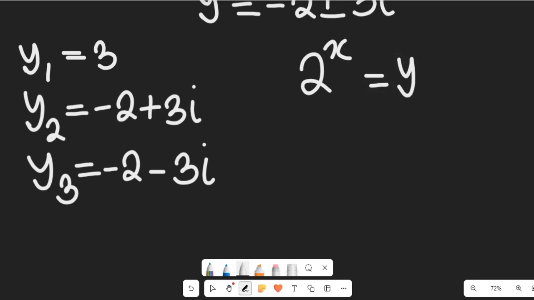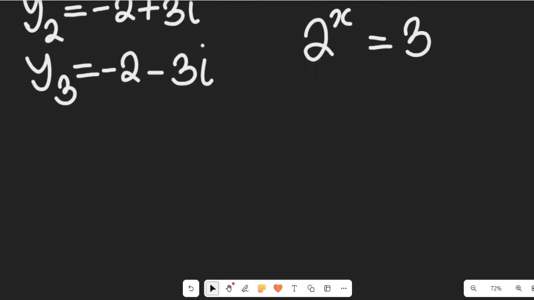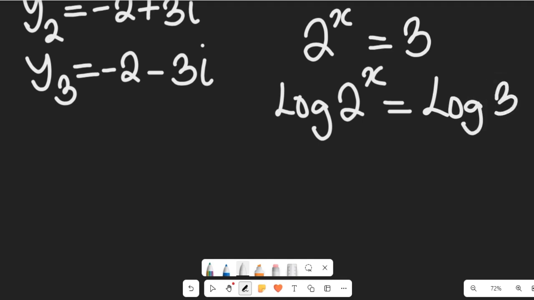Remember that we said 2 to the power of x is equal to y. So using y1 equal to 3, we'll have 2 to the power of x equal to 3. And we need to use logarithm in solving this expression. So we'll have the log of 2 to the power of x equal to the log of 3. That makes it easier.